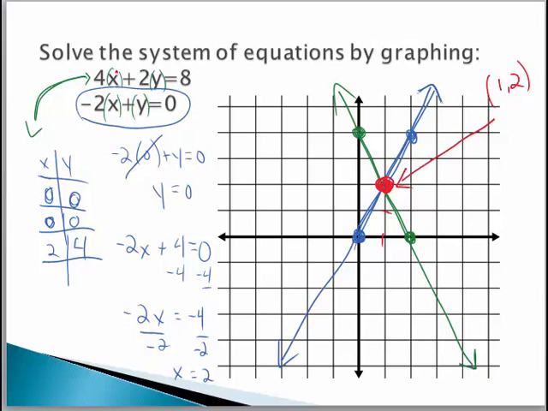If I plug a 1 here and a 2 here, you can see that point satisfies the first equation, and it also satisfies the second equation. That's the only point that should satisfy both of those. If you want to check your work, which you should do, here I can see my solution on the graph is 1, 2.